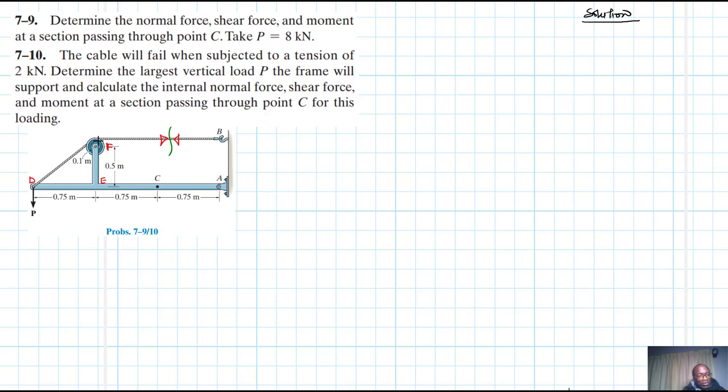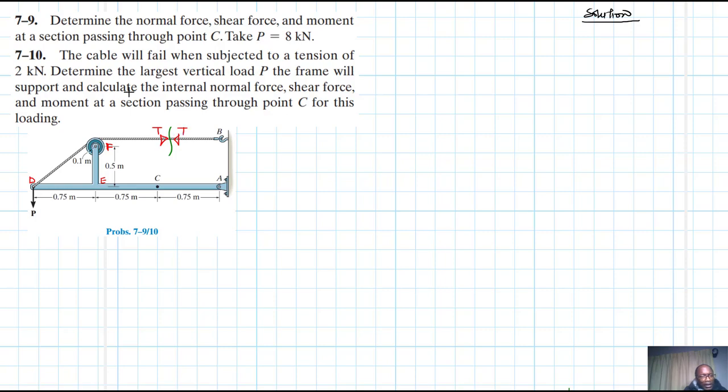There is no friction between the cable and the pulley, which makes the tension equal on cable DF and FB. FB, of course, is a continuous cable, but the tension is going to be the same on both ends because there is no friction over the pulley. So we have T there.